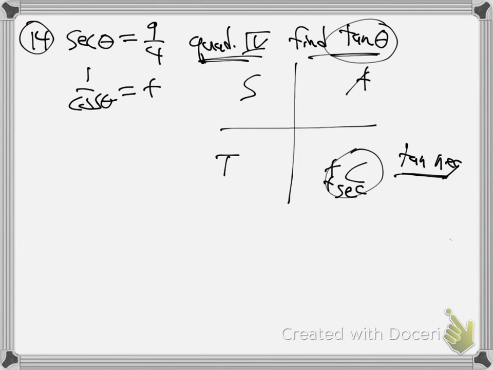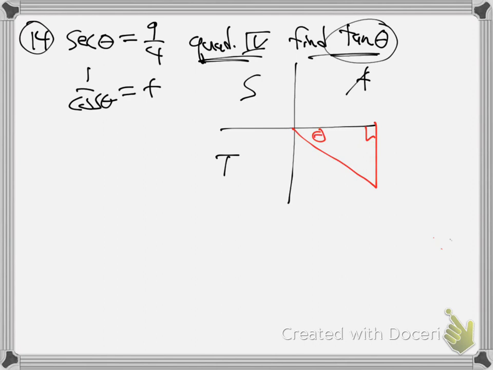So what exactly is it? Let's try to find it. I'm going to draw a triangle in this quadrant. A little right angle right there, and angle theta. The secant of theta, which is 1 over the cosine, is 9/4.